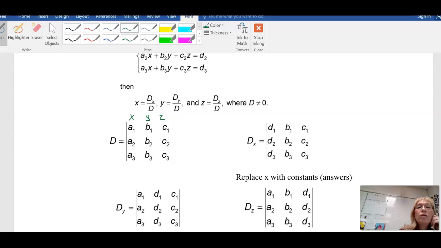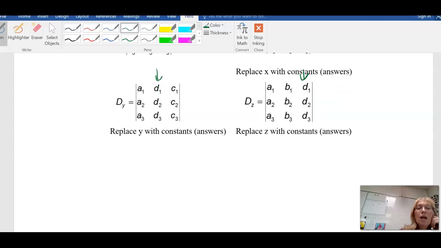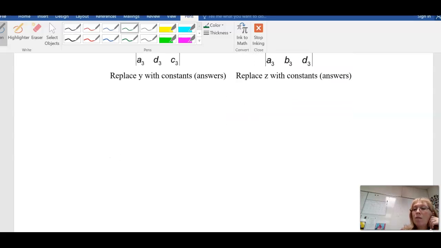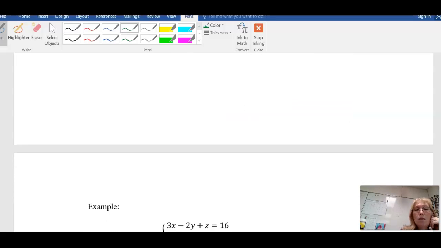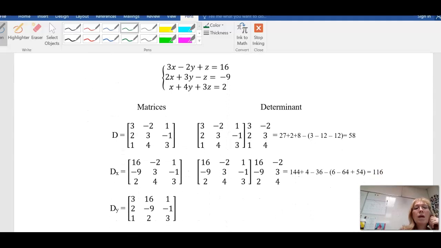Now, if I'm solving for x, I replace the x column with the solutions, which are our d's. If I'm solving for y, I replace the y column with the d's. And when I'm solving for z, I replace the z column with the d's. And then I do the exact same thing, either diagonal or expansion by minors.